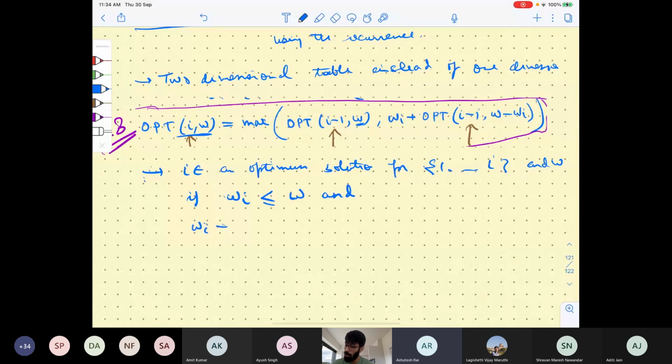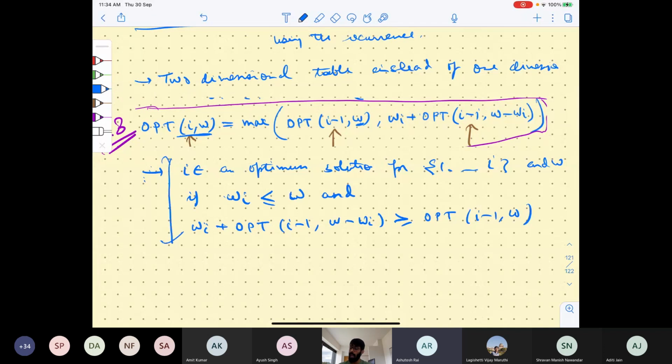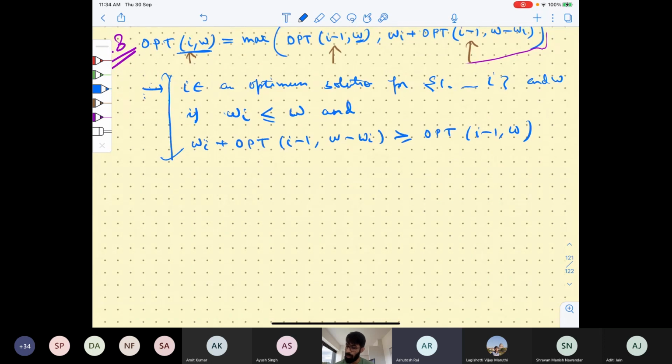That is, Wi plus opt of i minus 1 comma W minus Wi is greater than or equal to opt of i minus 1 comma W. If that happens, then we can say that i belongs to the optimum solution. And if we have the table for opt, then just like before, we can figure it out: for each i, we go through these numbers and figure it out. So that is not going to be very hard.